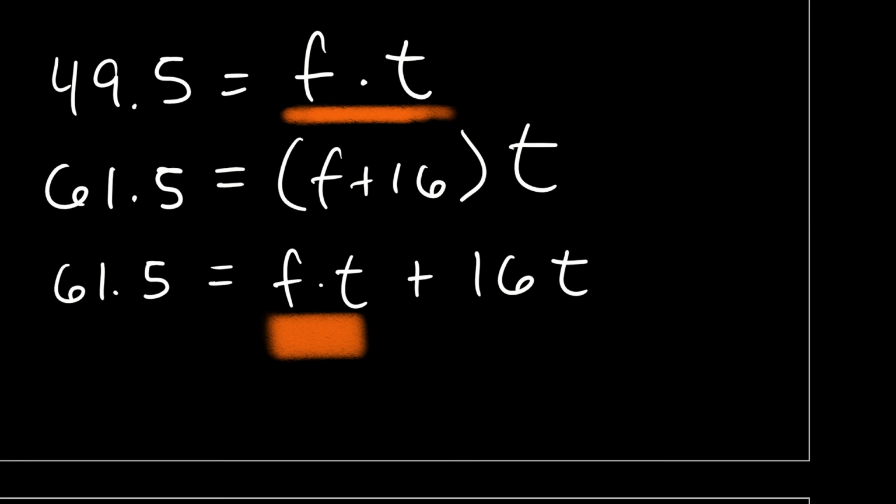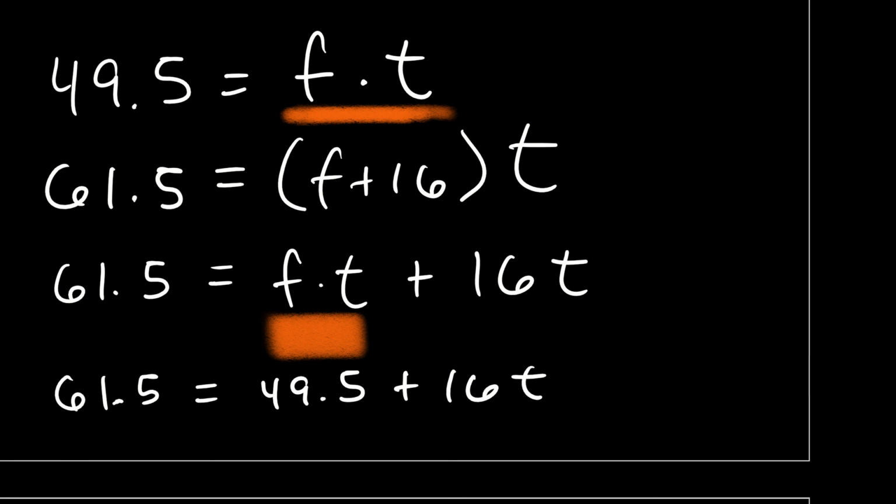So this equation becomes really simplified. I can now write 61.5 is equal to 49.5 plus 16t.